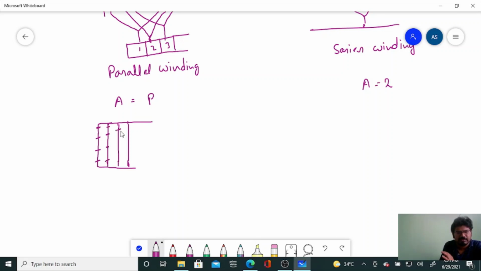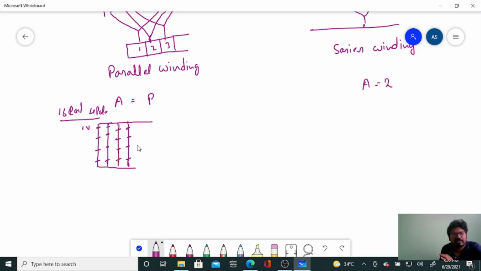Because in lap winding the number of parallel paths is equal to the number of poles. Suppose you have 60 conductors and a 4 pole machine. Then the EMF induced per conductor, suppose 1 volt.